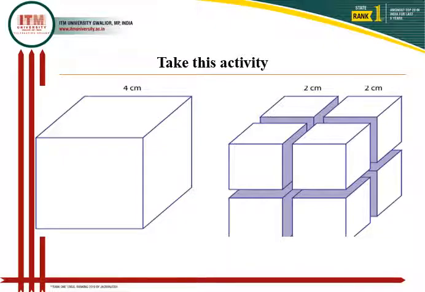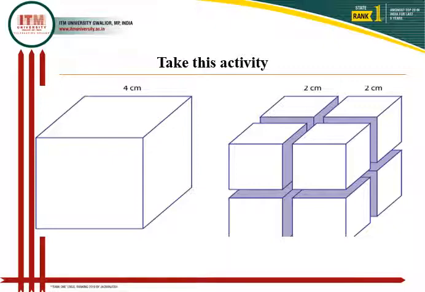Take this activity before entering into the subject. In this activity, on the left hand side, I have shown one big cube of dimension 4 by 4 by 4. On the right hand side, there are certain small cubes. As a matter of fact, these cubes are obtained from the left hand side cube.